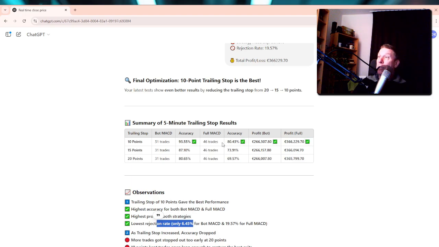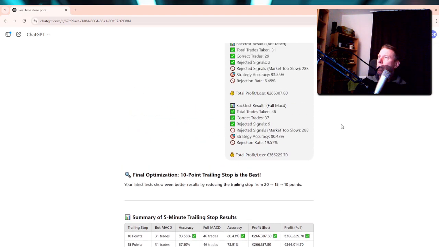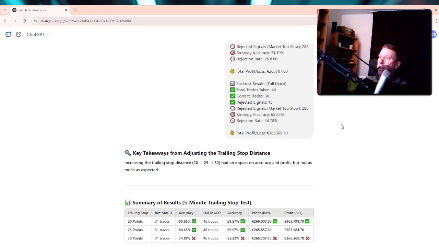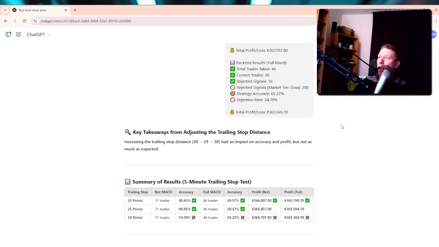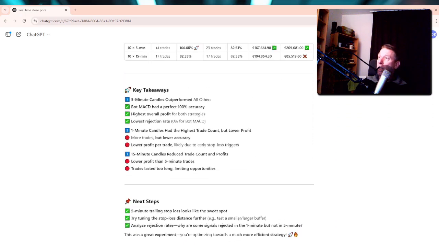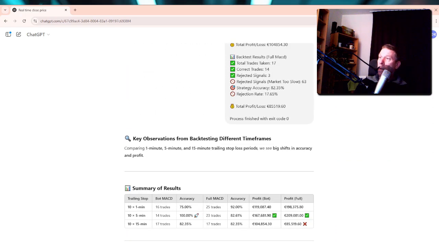So accuracy of 80%. It was the best. I already tried also the 5. We did, yeah, that's a bit higher up. This one, 5 minute trailing stop loss going higher, 20 points, 25 and 30 points. It was 20 points, but I started a bit up here.